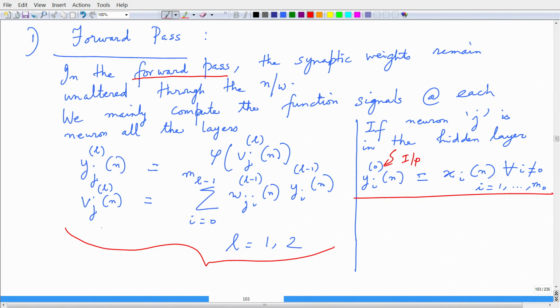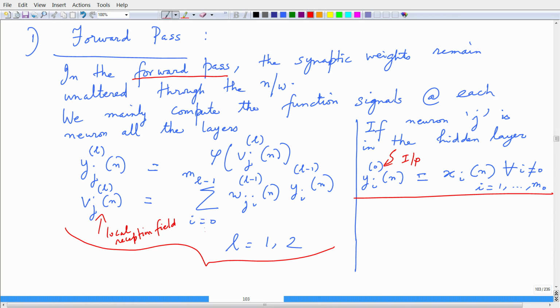So, this is the local reception field at layer L at node j in the Lth layer.